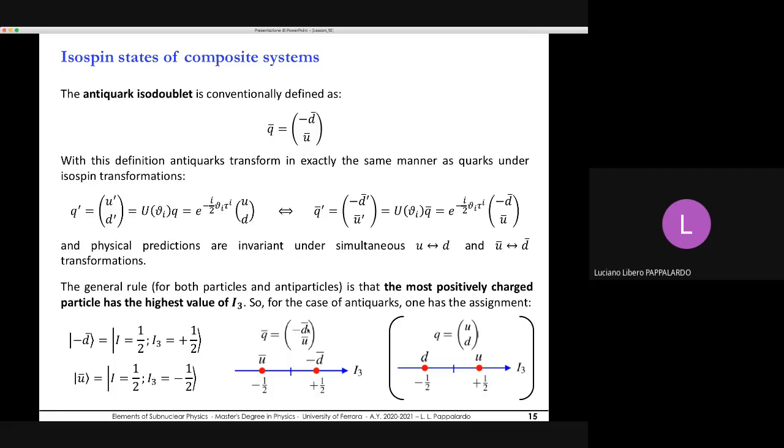So the charge of the anti-down is now plus 1/3, which is more positive than the charge of the u bar, which is minus 2/3. So in this case, it is the minus d bar that gets the higher value of the isospin projection, and the u bar that gets the lower value. And this is a general rule.